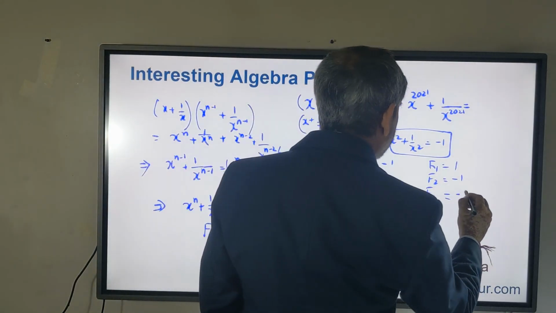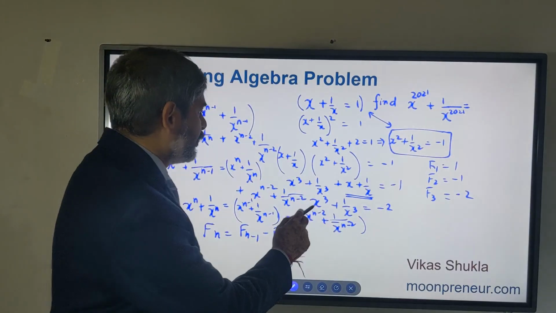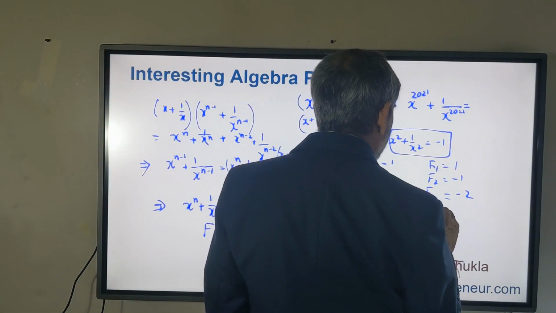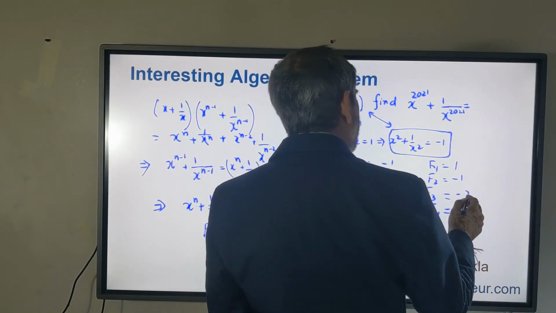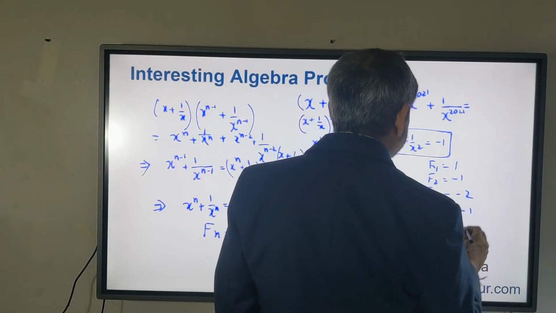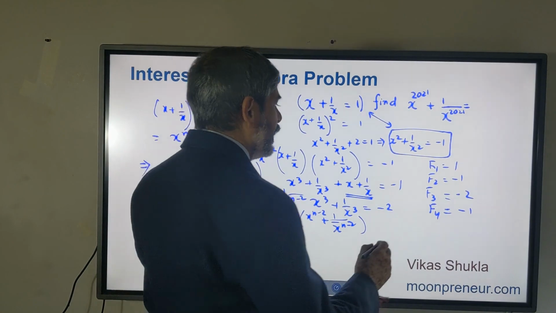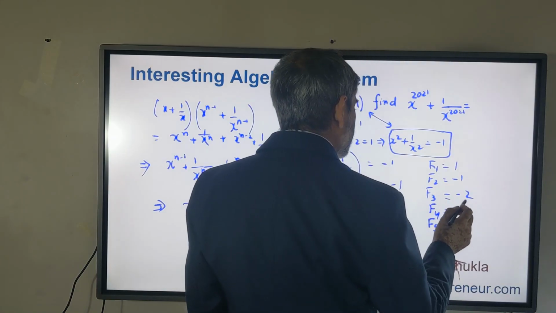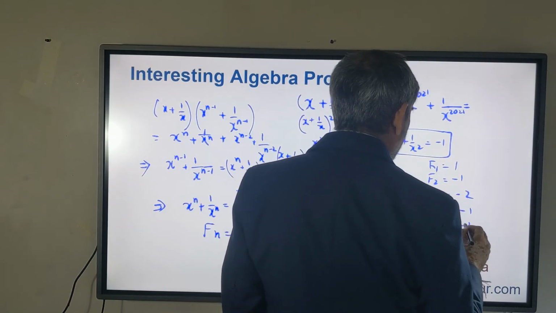So this is going to be -2, and this is what we confirmed. We already calculated this. To find f4 is going to be -2 minus (-1), so this is going to be -1. And then f5 is equal to this minus this, so this is -1.